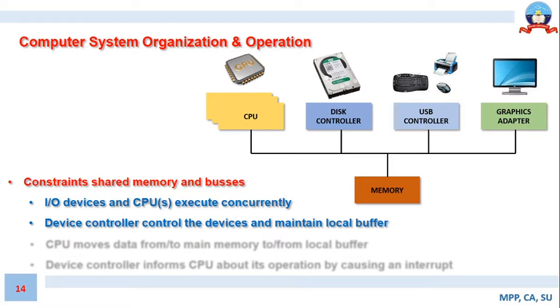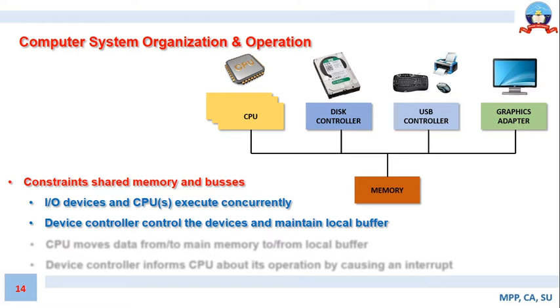So the data from the device is placed onto the buffer at a given speed, and then the data is communicated from the buffer to the central processing unit at a desired speed by the central processing unit.